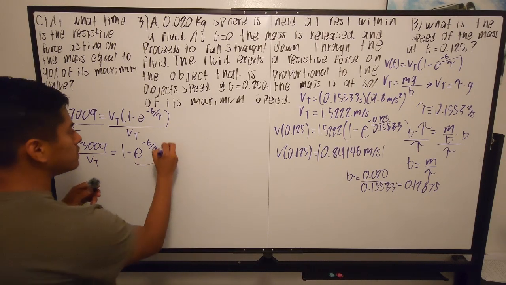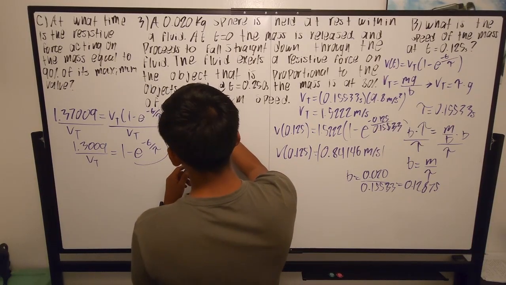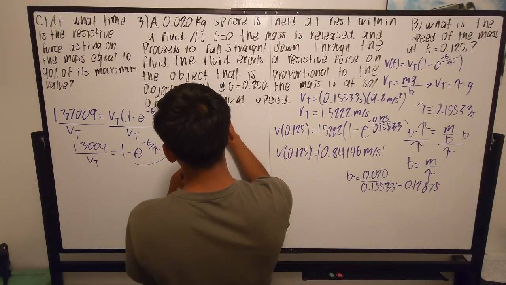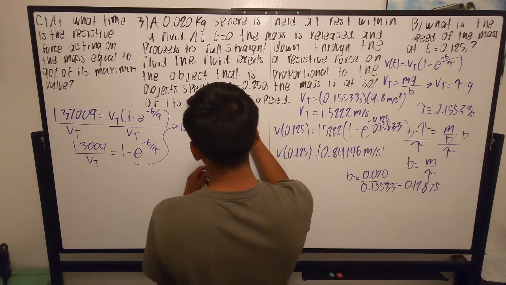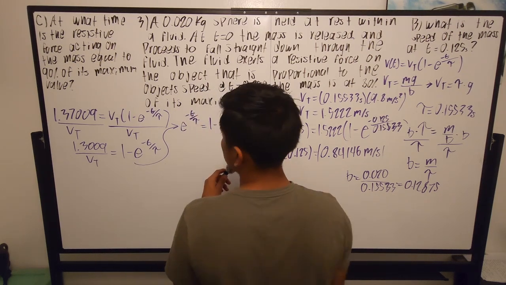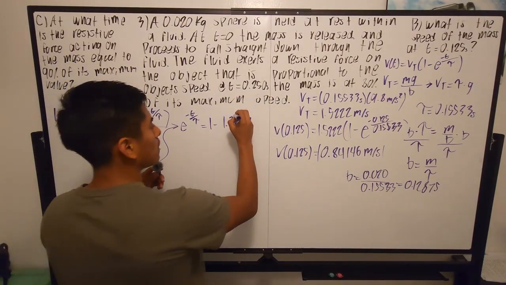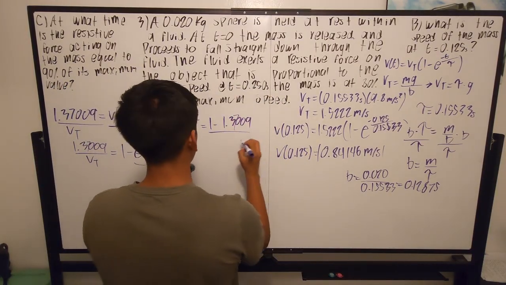So we have e to the negative t over tau is equal to 1 minus 1.37009. I forgot a 7 here. 7, 7.